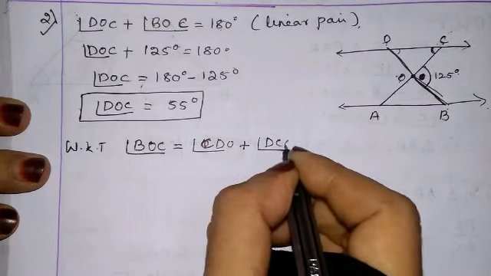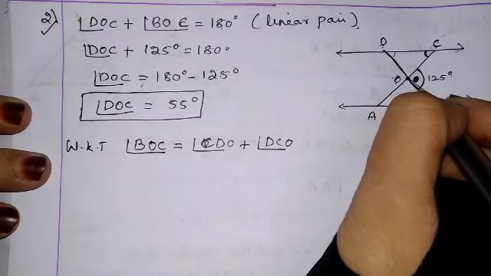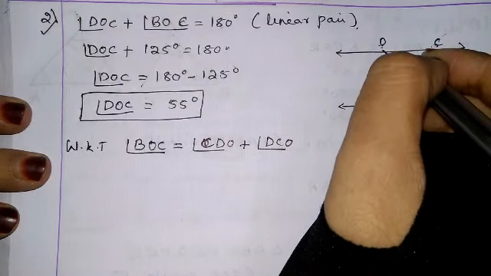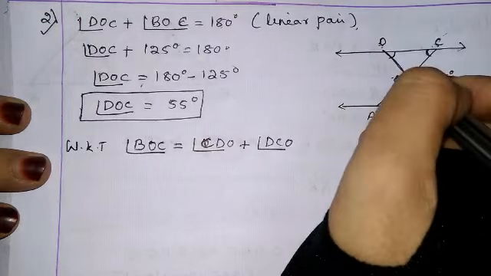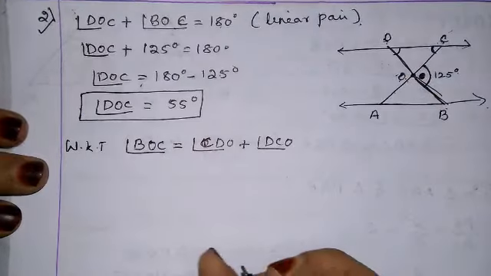Exterior angle is equal to the sum of opposite interior angles, CDO and OCD.